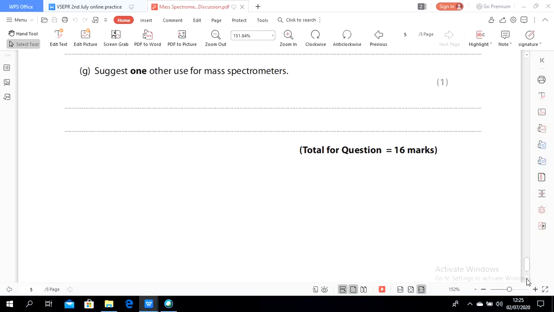So there are around 3. You just need to mention one of those uses. Okay, so this is the end of the discussion for the worksheet on mass spectrometry.